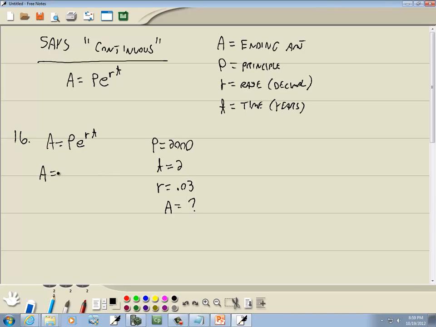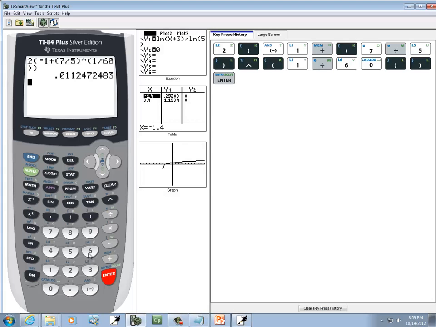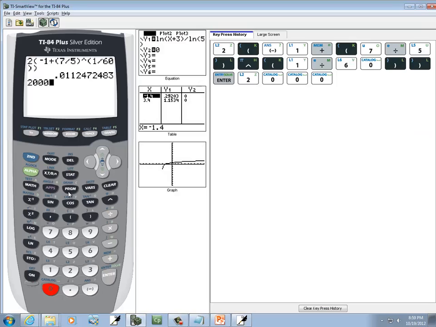Well, let's plug in what they give us. P is 2,000. E to the R, which was 0.03, times T, which was 2. You have to be careful when you plug these into the calculator. A lot of people screw these up. We're going to do 2,000, E, so we do second, ln, and 0.03.